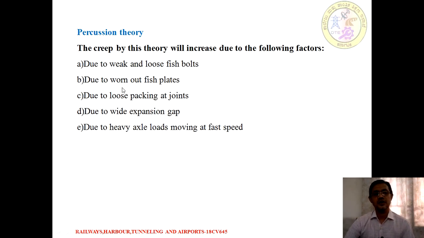Similarly, if fish plates are worn out, there might be chances of occurrence of creep, or otherwise if there is loose packing at the joint, that is, if the ballast is loosely packed near or surrounding the joints, that is also accountable. Similarly, if a wide expansion gap is provided, that is also accountable for the creep. Similarly, heavy axle loads moving at a faster speed are also accountable for creep. So this is according to the percussion theory.